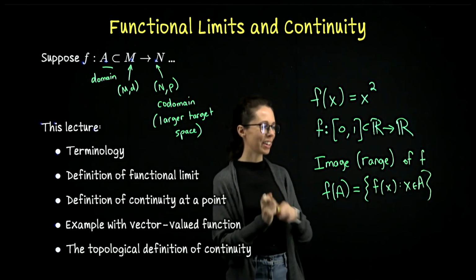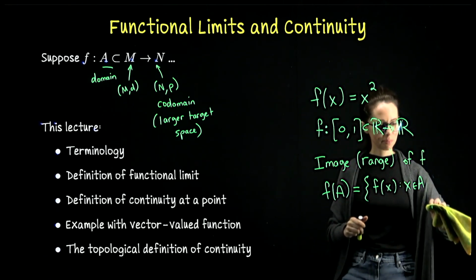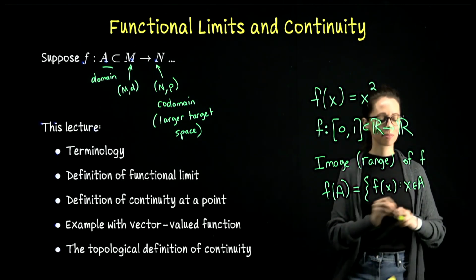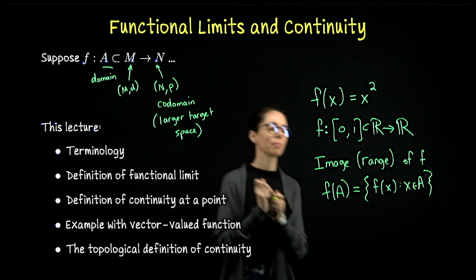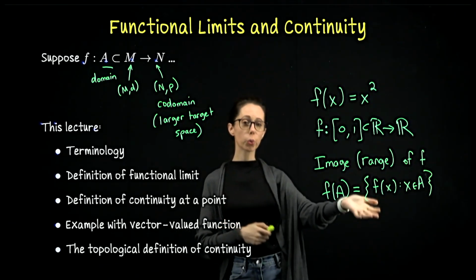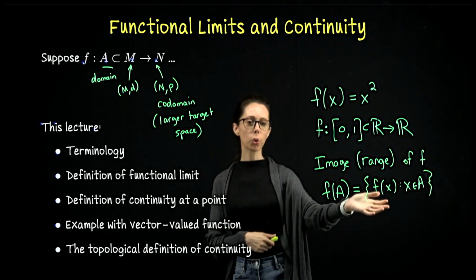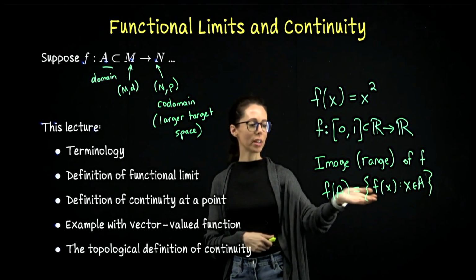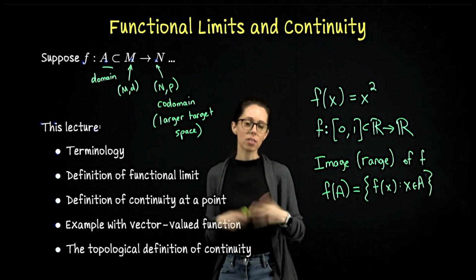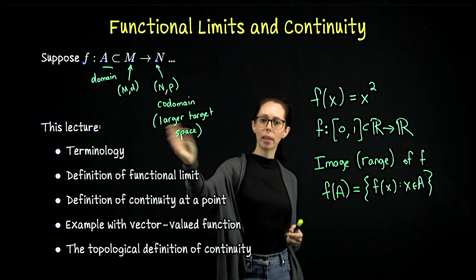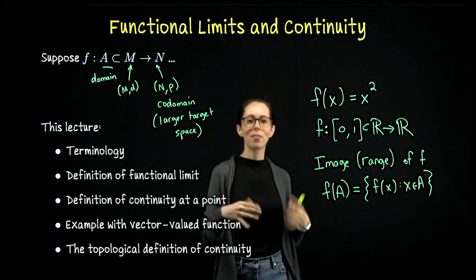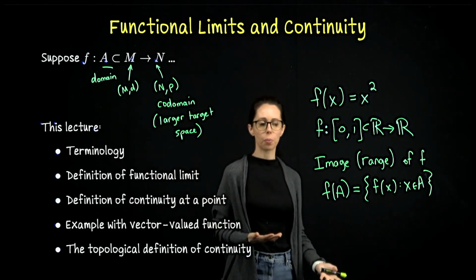Sorry, my curly bracket looks terrible. So this is the true set of outputs, the true range, the image of our function. It's where we actually land. And it's often a proper subset of the codomain, which is just the larger, general, ambient metric space that we're mapping to.